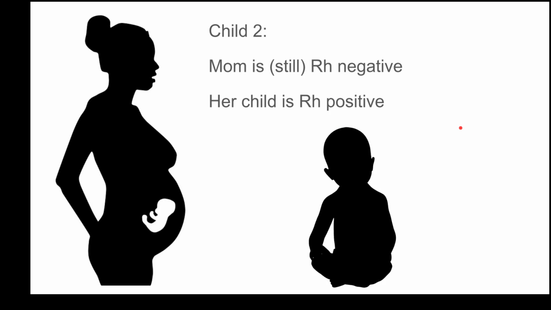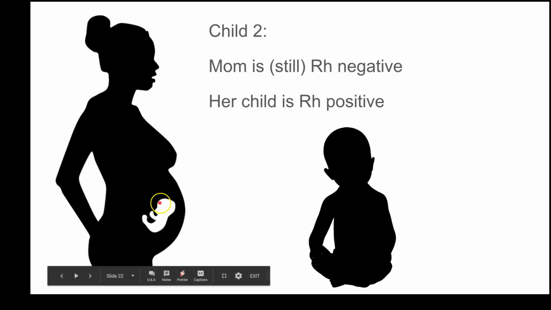And so she has her child, life is good, but then she gets pregnant again. Mom is still Rh negative, and her child is Rh positive, but mom has now developed these antibodies that go after Rh positive blood. Again, the antibodies are transferring from mother to child, but not in the opposite direction.